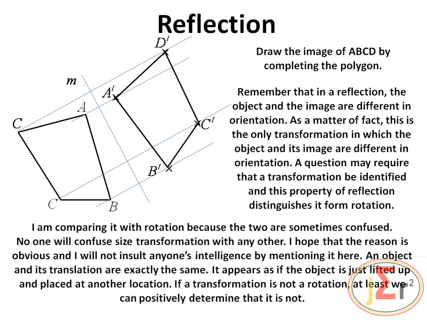I'm comparing it with rotation because the two are sometimes confused. No one will confuse size transformation with any other. Well, I hope that the reason is obvious, and I will not insult anyone's intelligence by mentioning it here. An object and its translation are exactly the same. It appears as if the object is just lifted up and placed at another location in exactly the same way. If a transformation is not a rotation, at least we can positively determine that it is not.